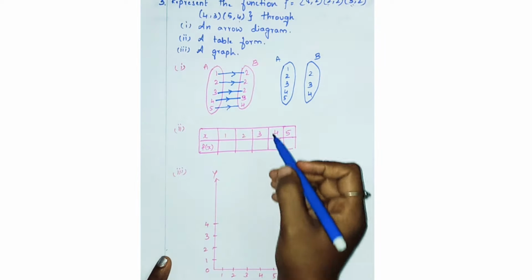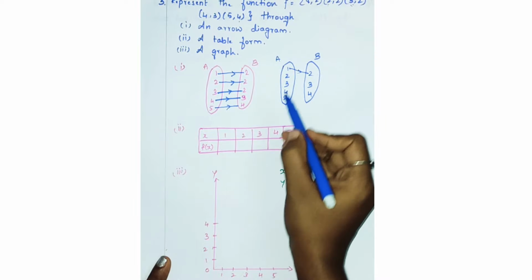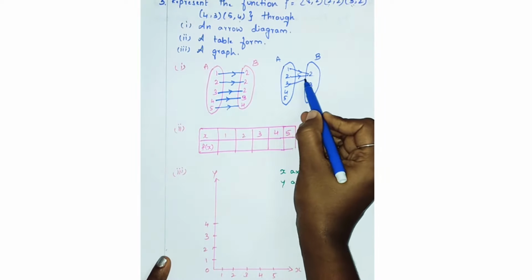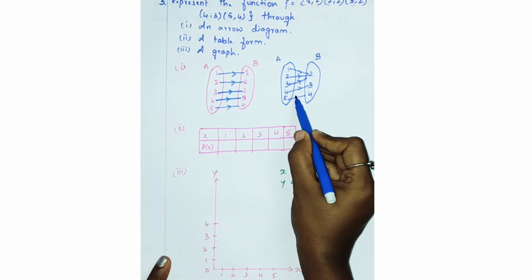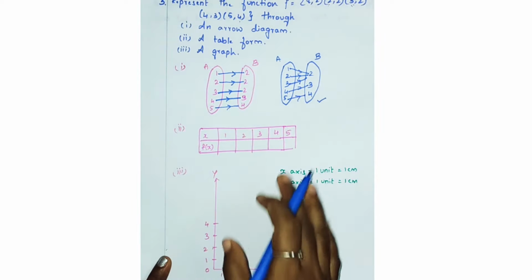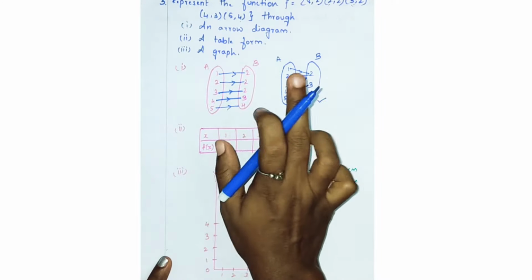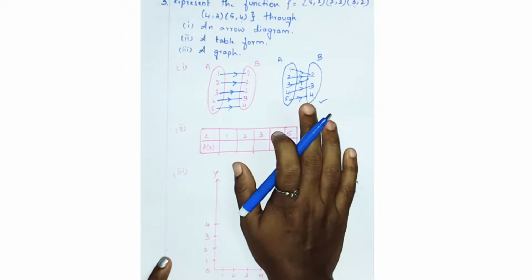Got it? So here how will you map? For 1 it is 2, for 2 it is 2, for 3 it is 2, then for 4 it is 3, then for 5 it is 4. So like this you can show your arrow diagram. Got it? So instead of doing this, do this. So this is how you'll be drawing your arrow diagram.